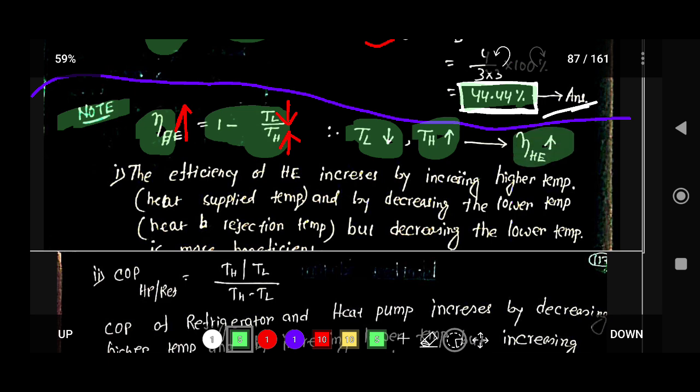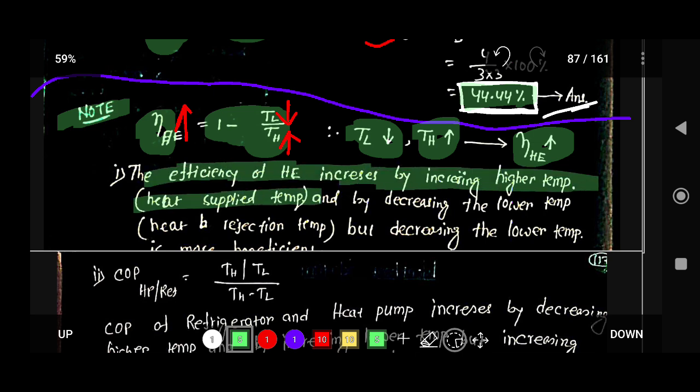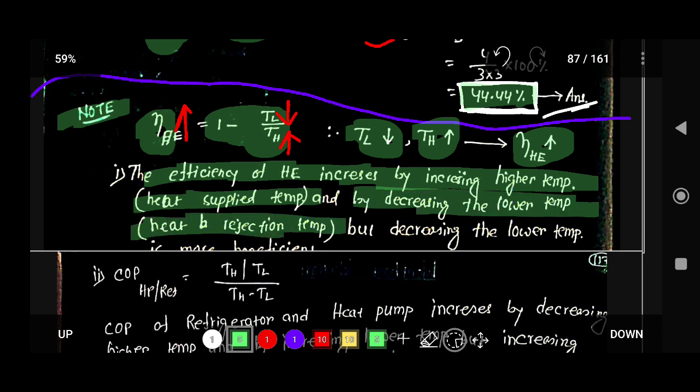So here you may decrease this value and you may increase the TH value. So from here you can get that the efficiency will increase, but the efficiency of a heat engine increases by increasing the higher temperature, that is heat supplied, and by decreasing the lower temperature, that is heat rejection temperature. But decreasing the lower temperature is more beneficial.